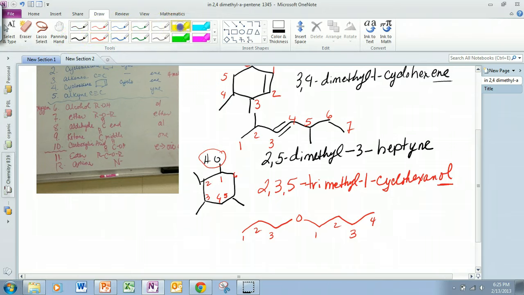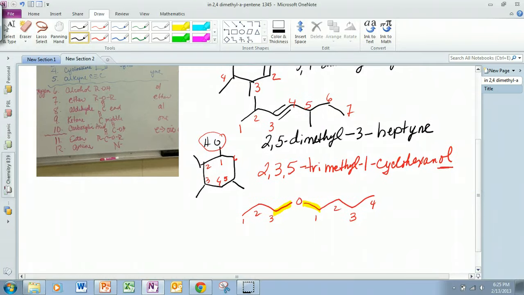This right here is a bond between oxygen and the 2 carbons, and so it doesn't count as one of my numbers. And so to name this side would be propyl, this side would be butyl. So it'd be butyl propyl ether. And so pretty simple.